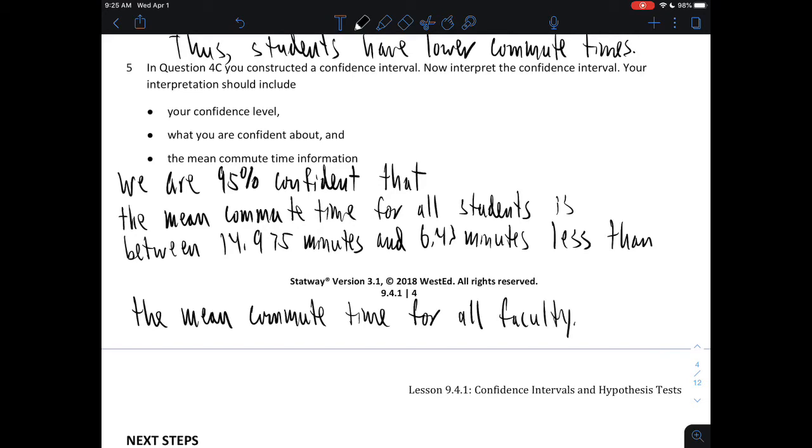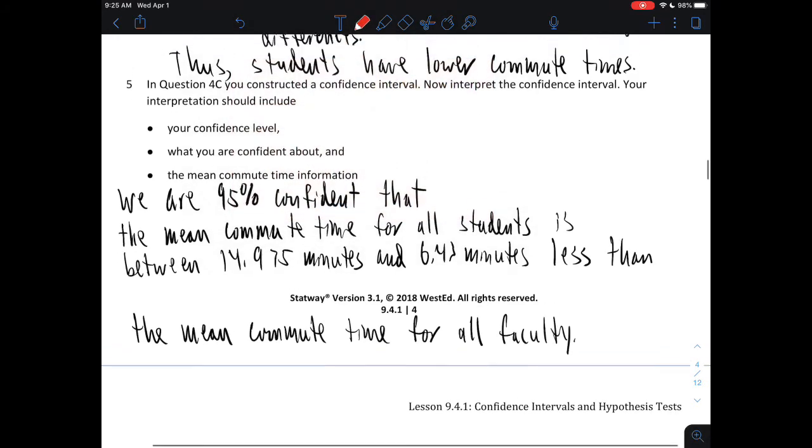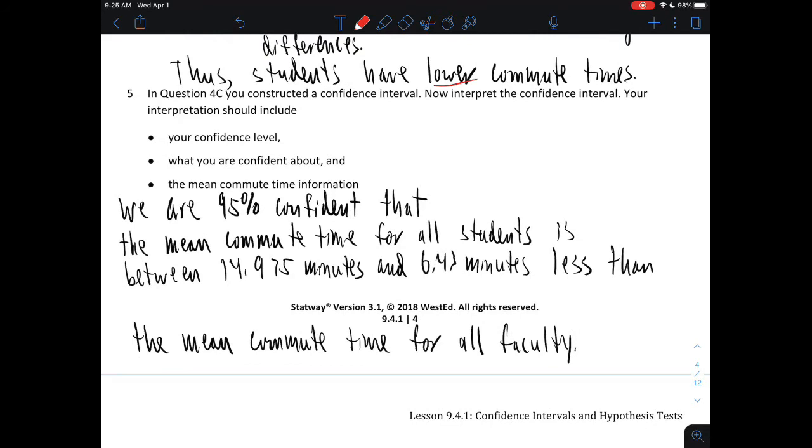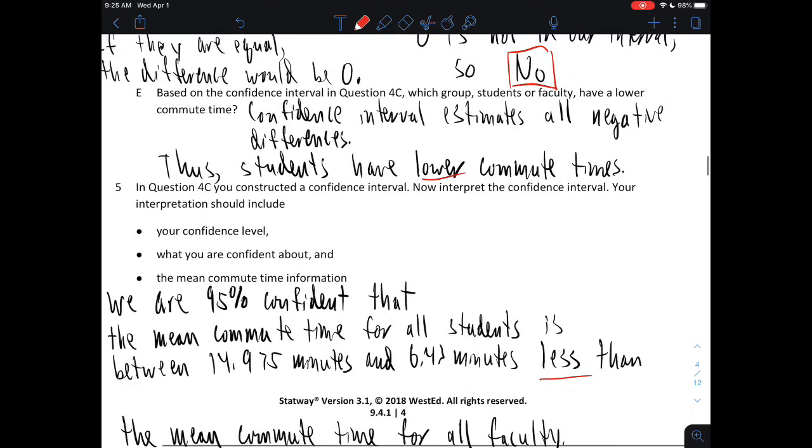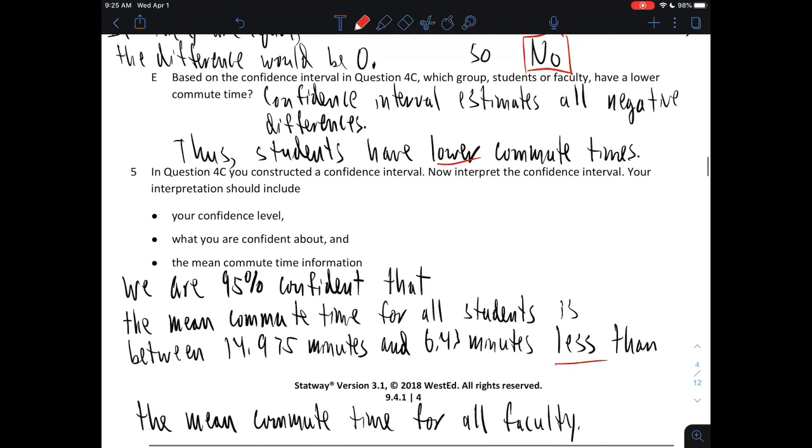So notice we took the idea that the commute times for students were lower, and we included that in our conclusion by having this word less. The numbers that we used, we didn't use the negatives because, again, the negative is implied with the word less. So these are minutes below the mean commute time for all faculty.